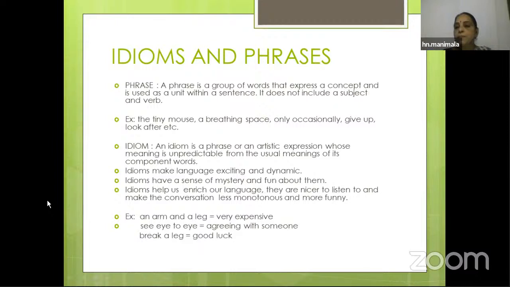Some may be a noun phrase, some an adjective phrase. A breathing space, a space that we have. Only occasionally, which happens occasionally. Give up means leave something. Look after means take care of. That is of course a phrasal verb also. So these are all phrases.